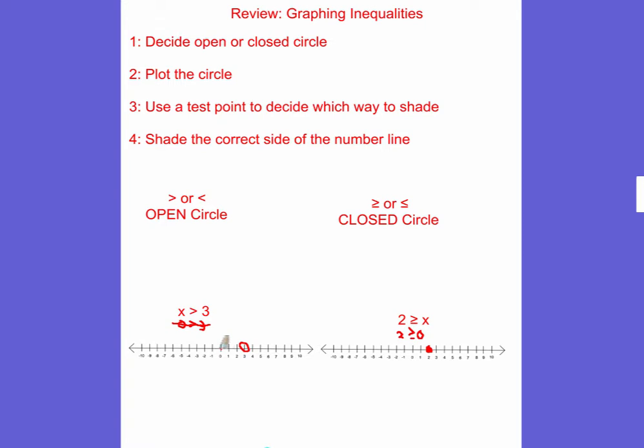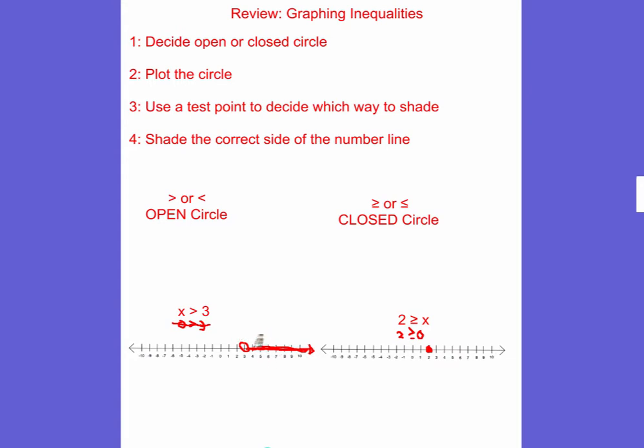I do not want 0 to get shaded. So if 0 is on the left-hand side of the circle and I don't want it to be shaded, then I want to shade in the other direction. I want to shade to the right-hand side. Okay, I want my graph to be shaded this way. And every number that is on this side of the circle is part of the solution.